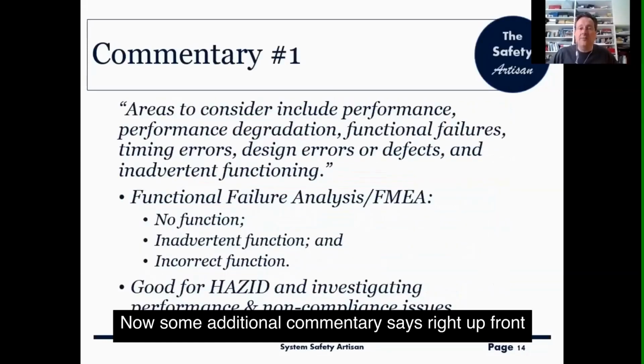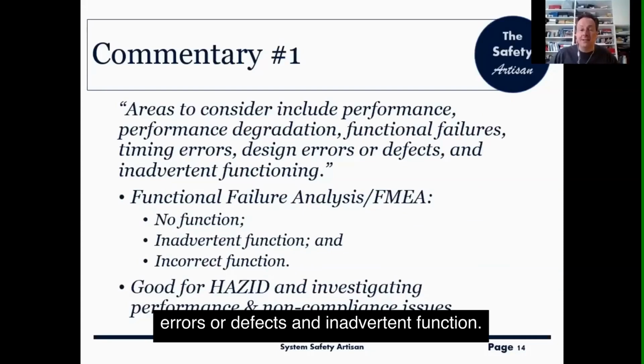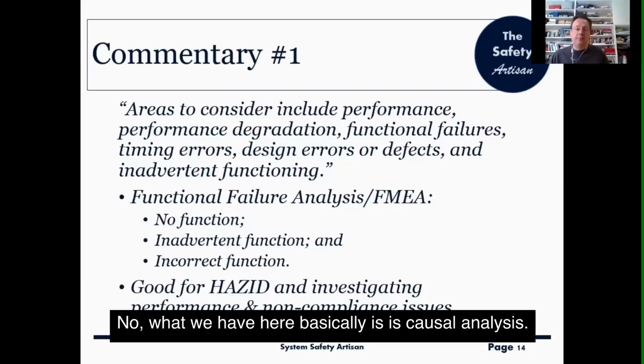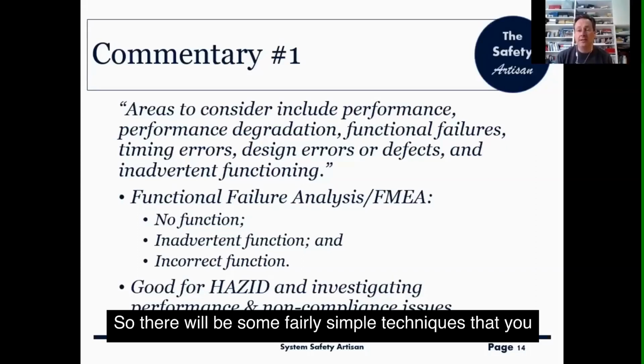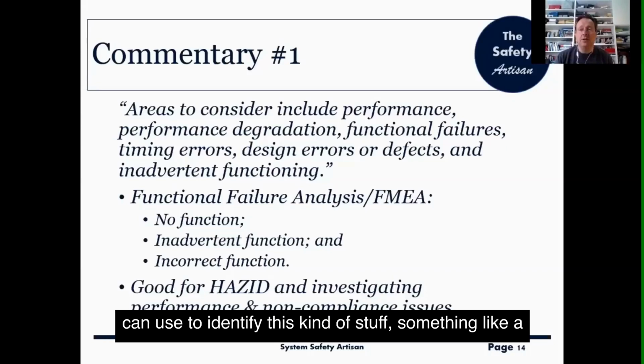It says right up front, areas to consider include performance degradation, functional failures, timing errors, design errors or defects, and inadvertent function. Now, what we have here basically is causal analysis. So there will be some fairly simple techniques that you can use to identify this kind of stuff.